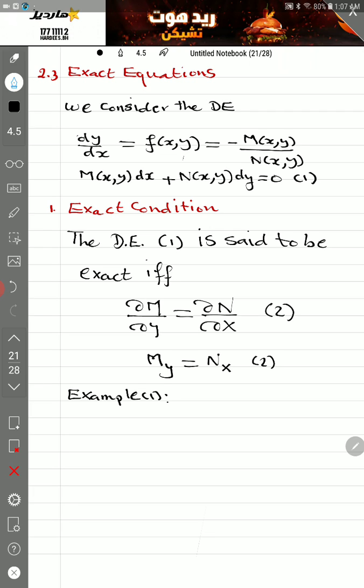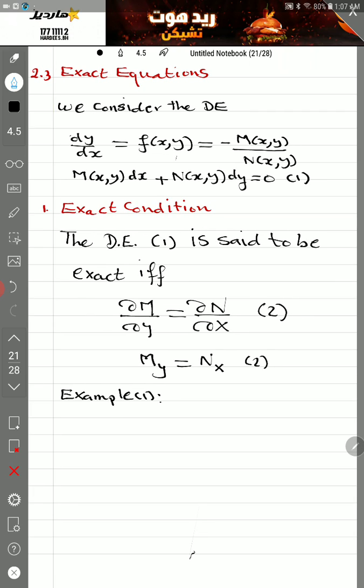We shall check now if the differential equation is exact or not. Take this differential equation: (xy squared plus y) dx plus (yx squared plus x) dy equal to 0.